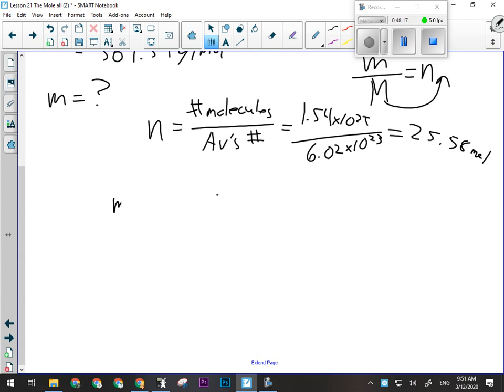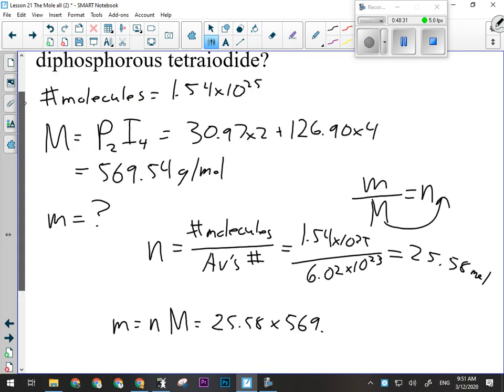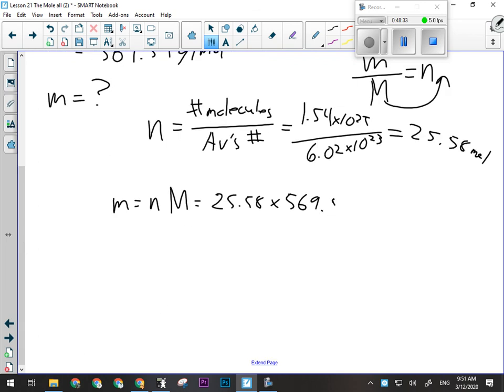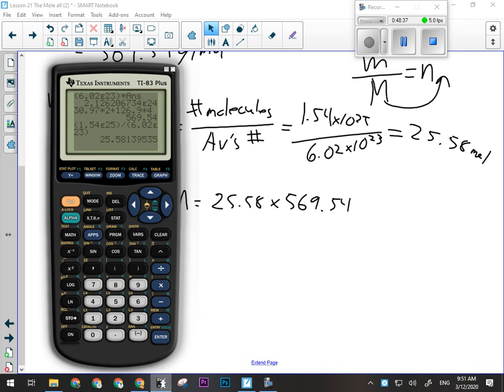So little m is going to equal n times big M. I now have both of those numbers, 25.58 with all the decimals, multiplied by my 569.54. So I'm going to take that number with all the decimals and multiply it by 569.54.